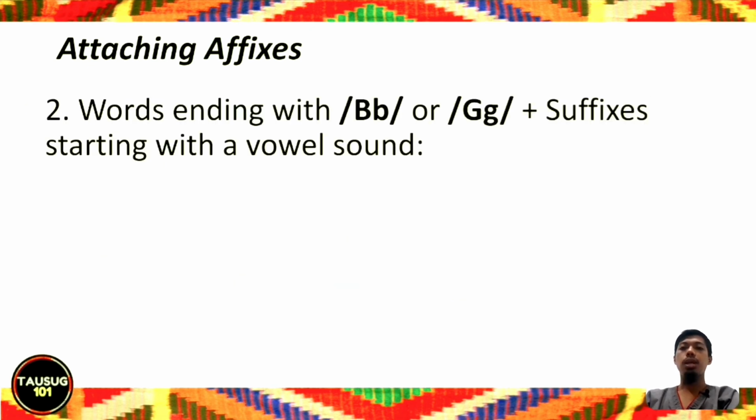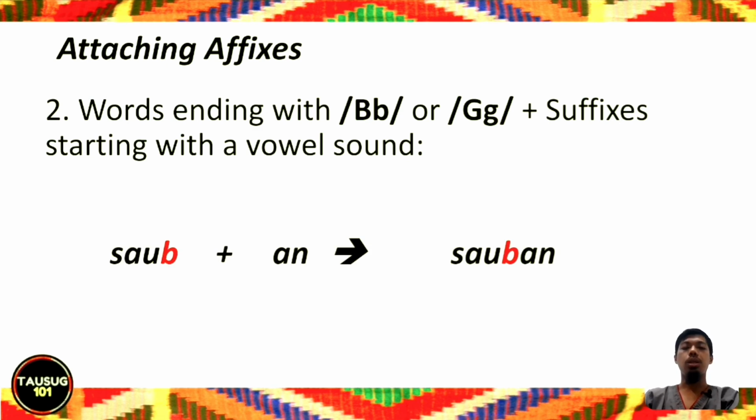Next, we have words ending with the letter ba or ga, which we connect with suffixes starting with vowel sounds. So this is now the opposite. What about words ending with the letter ba, like saub, and then we attach a suffix starting with a vowel sound, like an? Now we read this as sauwan.